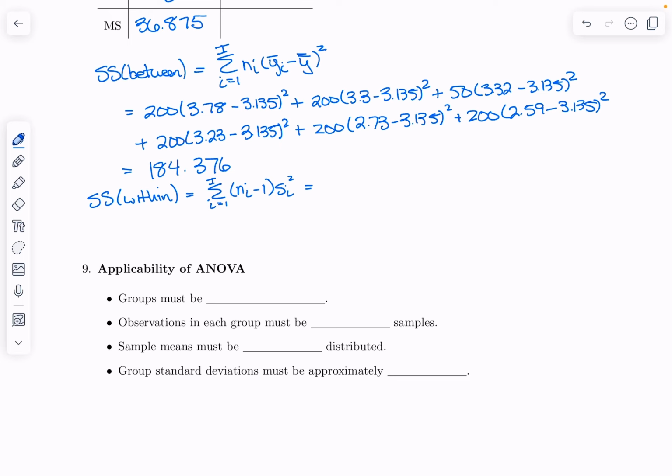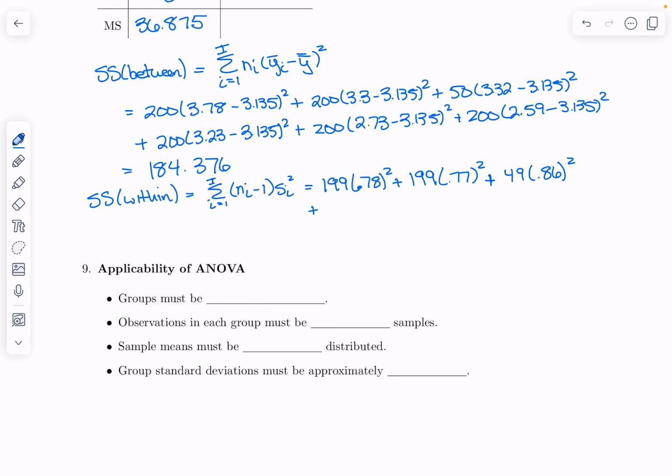Well, n minus 1 for the first group is 199, and the variance is 0.78. The second group is also 199 for n minus 1, and then the variance was 0.77 squared. And then 49 for the third group, that's 50 minus 1, times 0.86 squared.